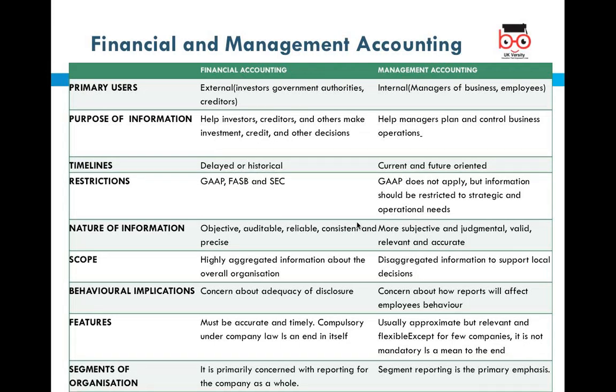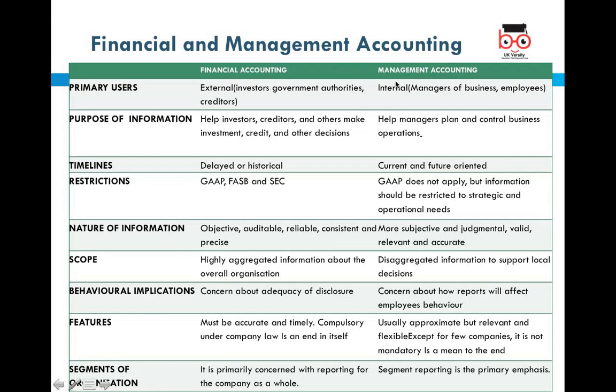The nature of the information in financial accounting is objective, auditable, reliable, consistent, and precise. Management accounting information is more subjective, non-auditable, normally internally audited, but judgmental, valid, relevant and accurate. The scope of financial accounting is highly aggregated information about the overall organization, and for management accounting, it is aggregated information to support local decisions. So these are the differences.